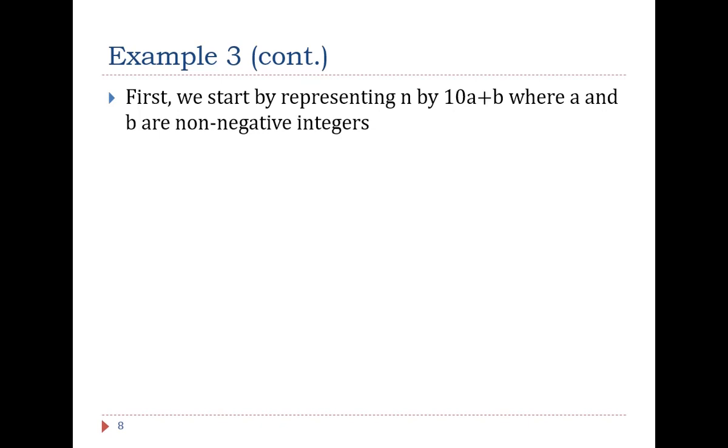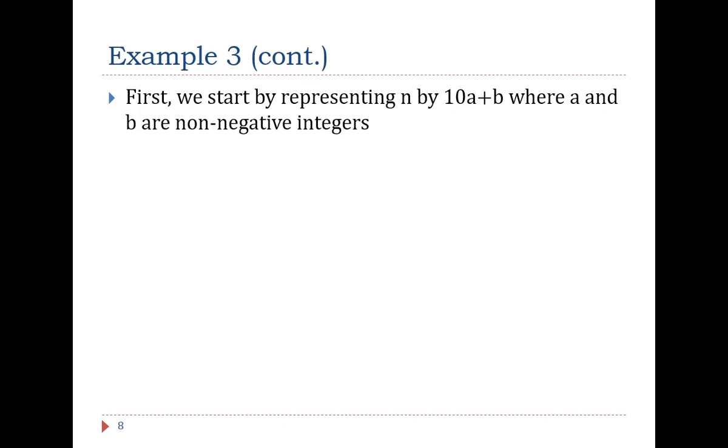What if the number is 19, for example? Piece of cake: a equal to 1 and b equal to 9. What if the number is bigger than 100 or 200? It's not a big deal. We just want to isolate b, the last digit. We want to write it as 10 times a certain big number.